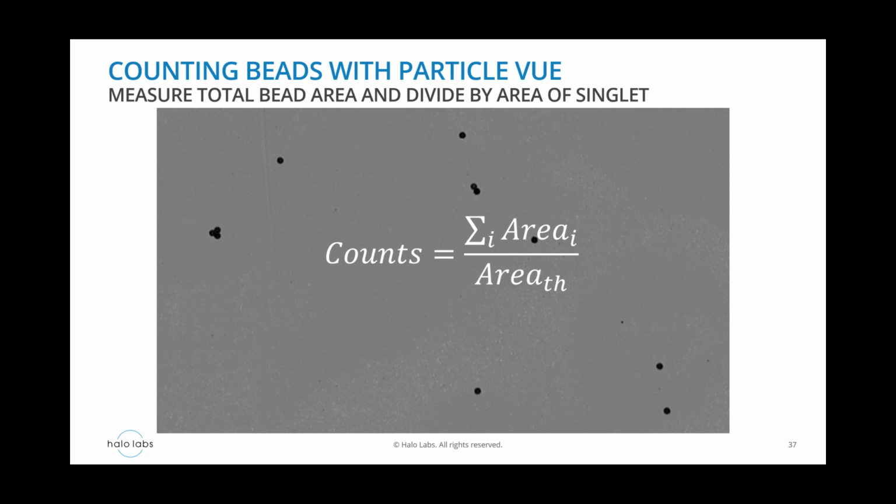So because we have all of this information, let's figure out how many counts we have by summing the total area of the detected material, and then dividing by the area of a singlet. We do this for beads because beads tend to collapse on each other.